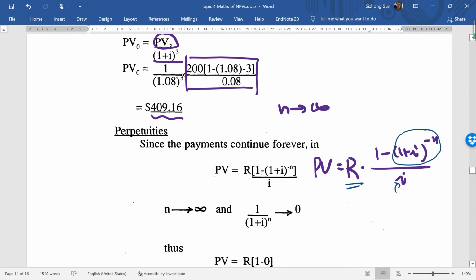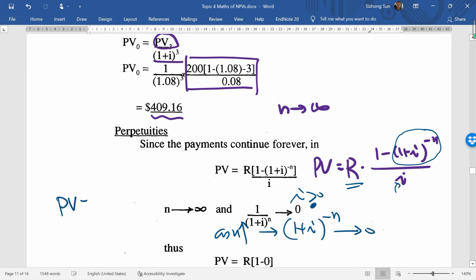This is (1 plus I) raised to the power negative n. With I positive, as n increases, these terms approach zero, become smaller and smaller, and eventually disappear.